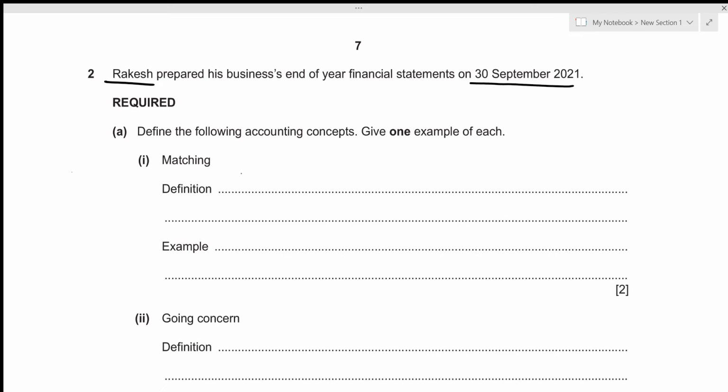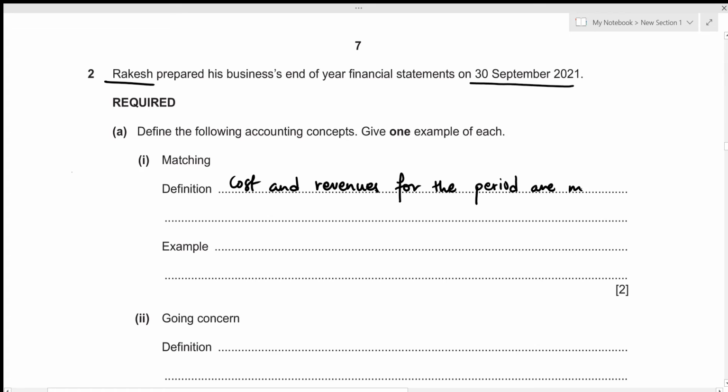First, let's write it down and I will elaborate more on it. So, costs and revenues for the period are matched irrespective of actual receipts and payments.